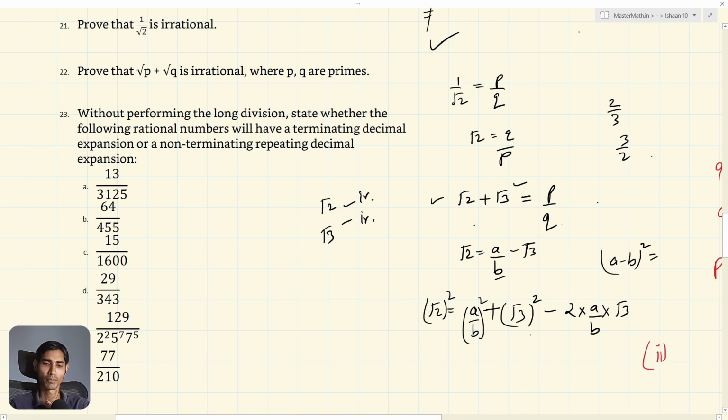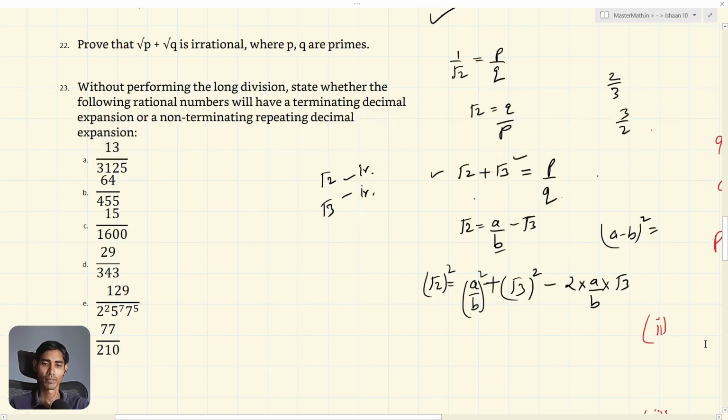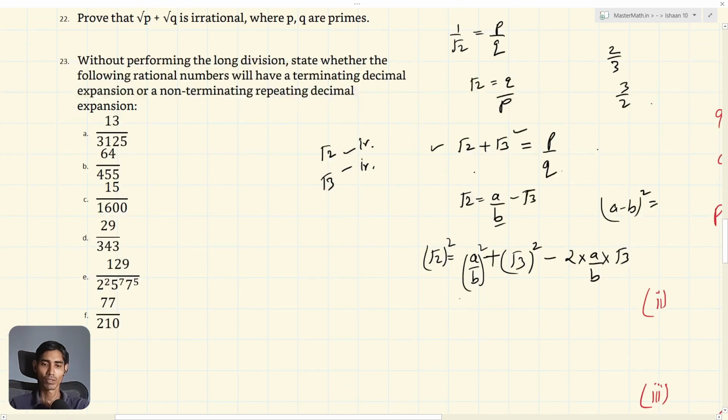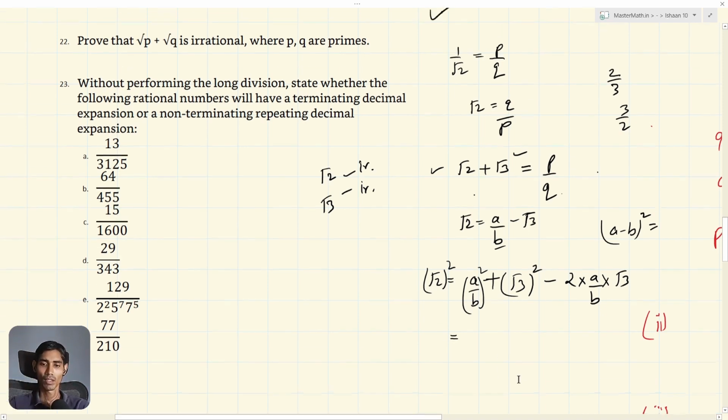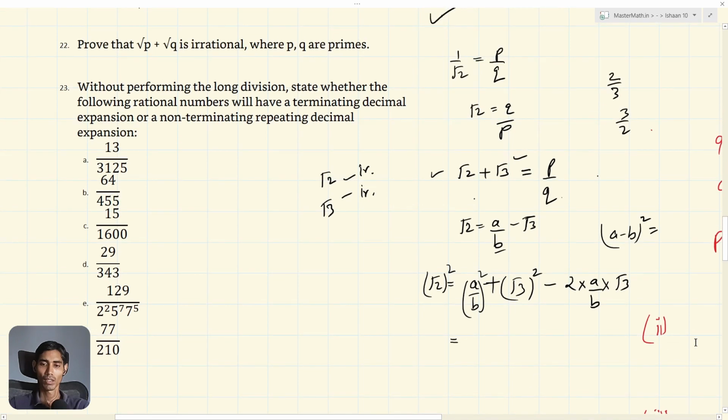Where did we get this 2 into a by b into root 3? From a minus b whole square. This is a, this is b.